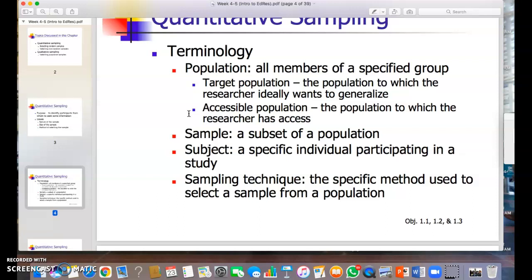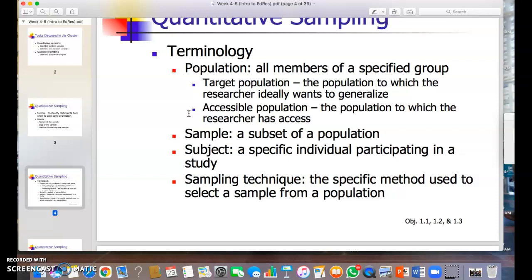For example, you're going to conduct research and search for information about junior secondary school or senior high school. All the senior high school students in Indonesia are the population, and then you have the accessible population, the population to which the researcher has access.